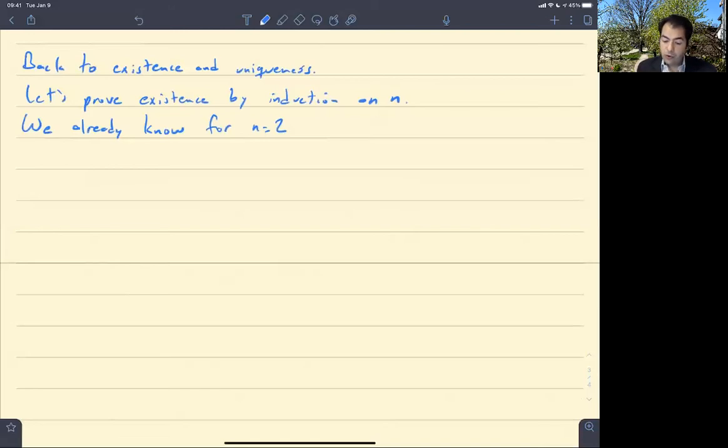For n equal to 1, it's really trivial: if you have a 1 by 1 matrix, then whatever entry you have, that is the determinant. And it's immediate to check that it satisfies the three properties.